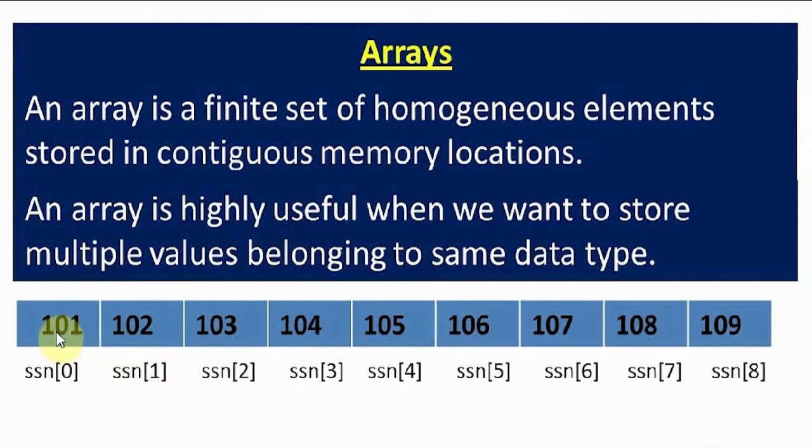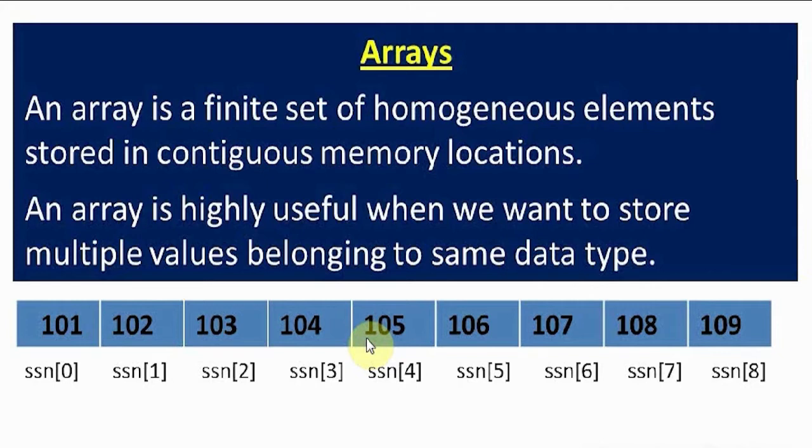First variable for storing the SSN of the first person, second variable with a different name for storing the SSN of the second person, and so on. That would have been really cumbersome, because had there been 100,000 or 10,000 persons, it would have been almost impossible to go for that.